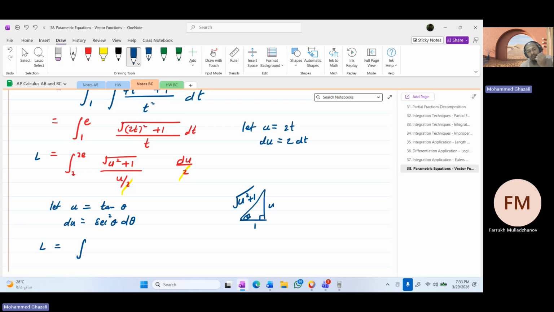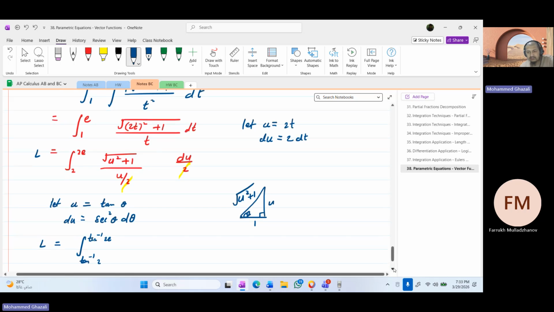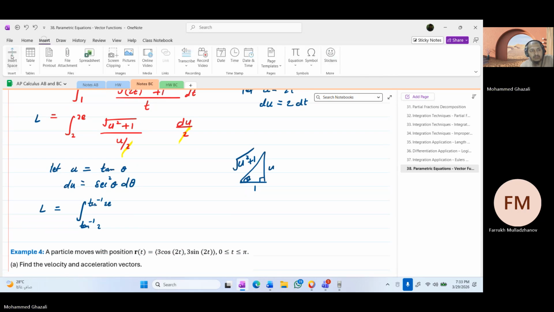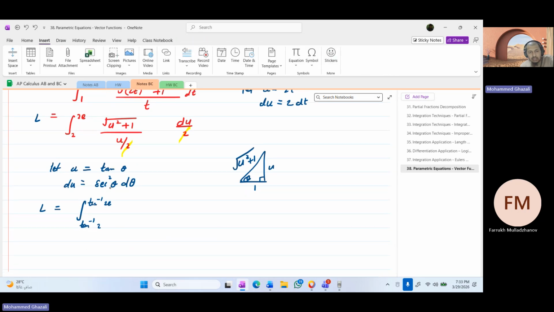If the value of u is 2, then theta will be tan inverse 2. And this will become tan inverse 2e. Well, those are just values, right? So that's why I just put it there. It's fine. Now, we still have a problem here.